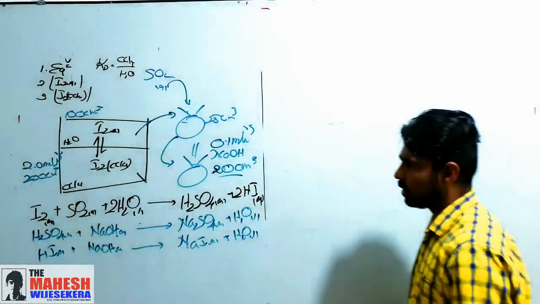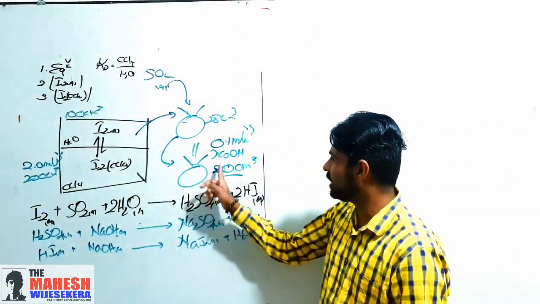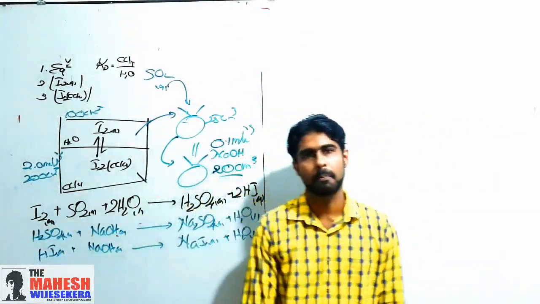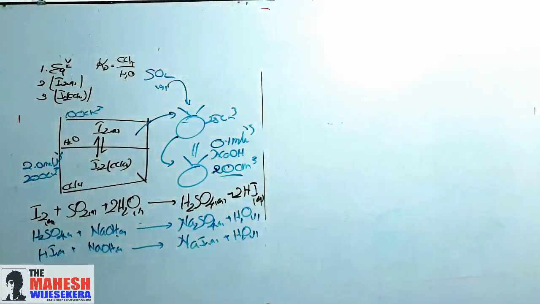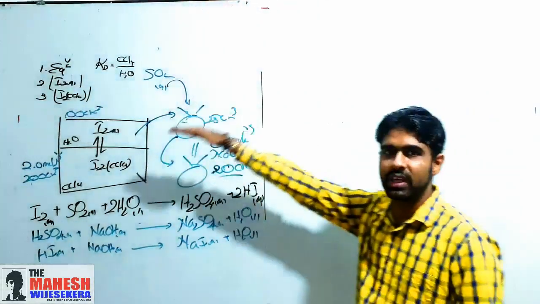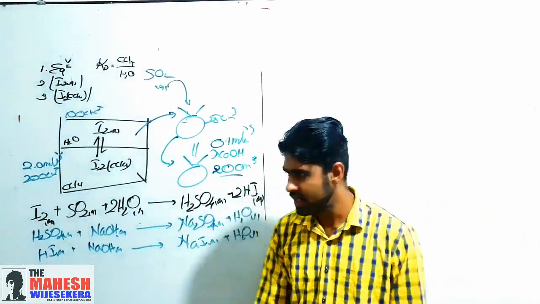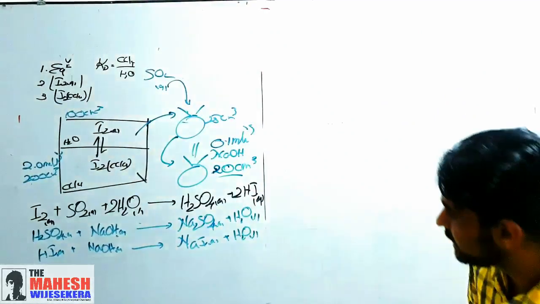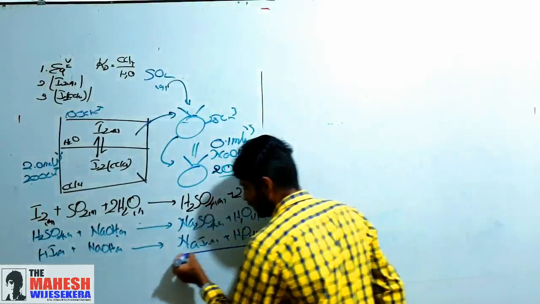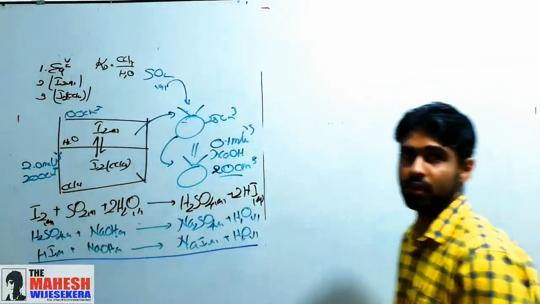Now, we need a relationship between sodium hydroxide and iodine. If we find that, we can directly do the calculation. Therefore, I am going to add all these three equations and get the overall equation.